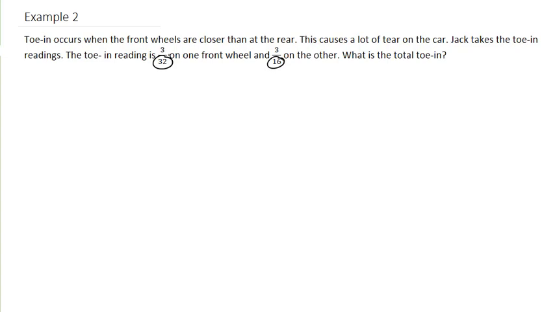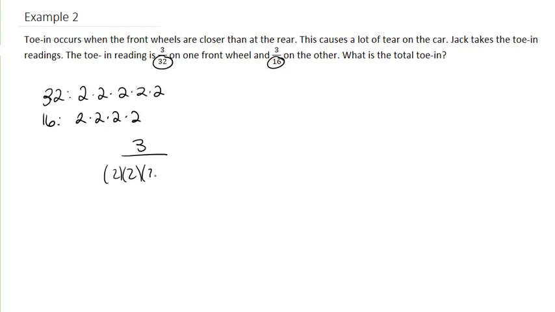Like before, we can break it down: 32 is 2 times 2 times 2 times 2 times 2, and 16 is just 4 2's multiplied together. So we have 3 over 32, which is five 2's, and then we add 3 over 16, which is four 2's multiplied.